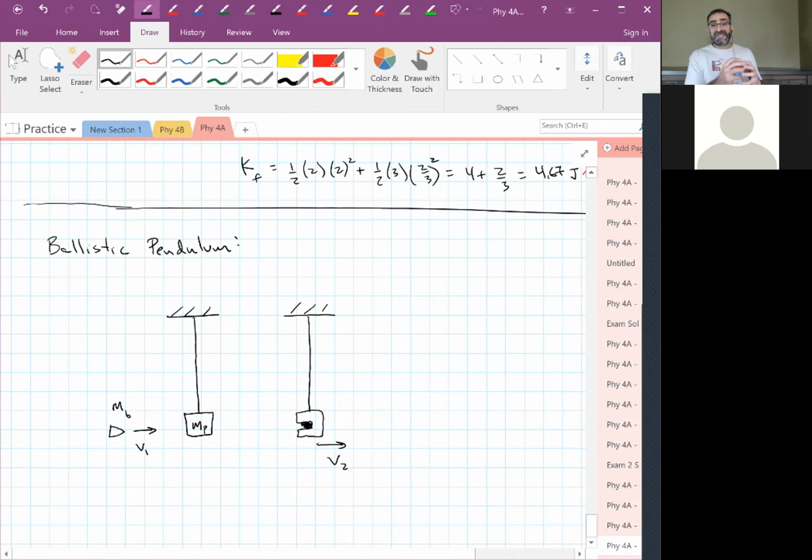And the whole pendulum now is swinging, right? It's moving up. And then at some later point, it comes to rest. But it's up high now, right?